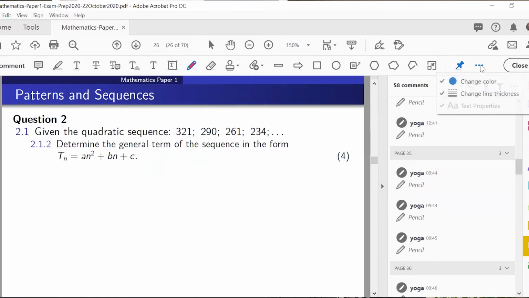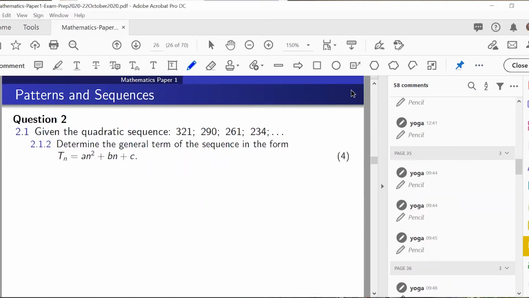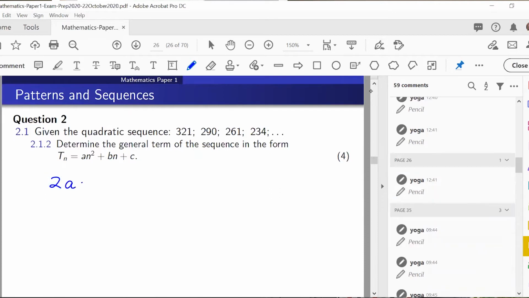Now the formulas for these three numbers that I have highlighted are as follows. 2a is equal to 2, and then we have 3a plus b, which should be that minus 31, and lastly a plus b plus c is that big number 321.